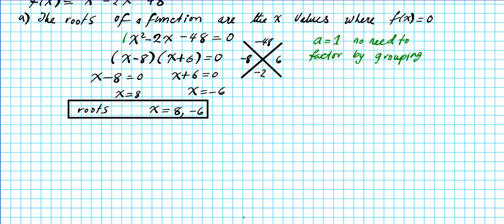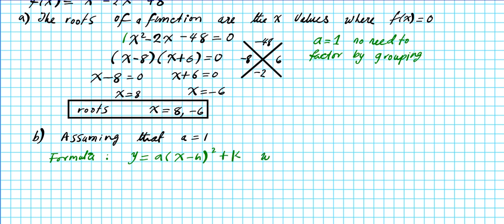So for the b part, let's write it. Assuming that a equals 1, we're going to write down the formula, okay? The formula for the vertex form for a quadratic is y equals a times x minus h squared plus k, where h, k is what?